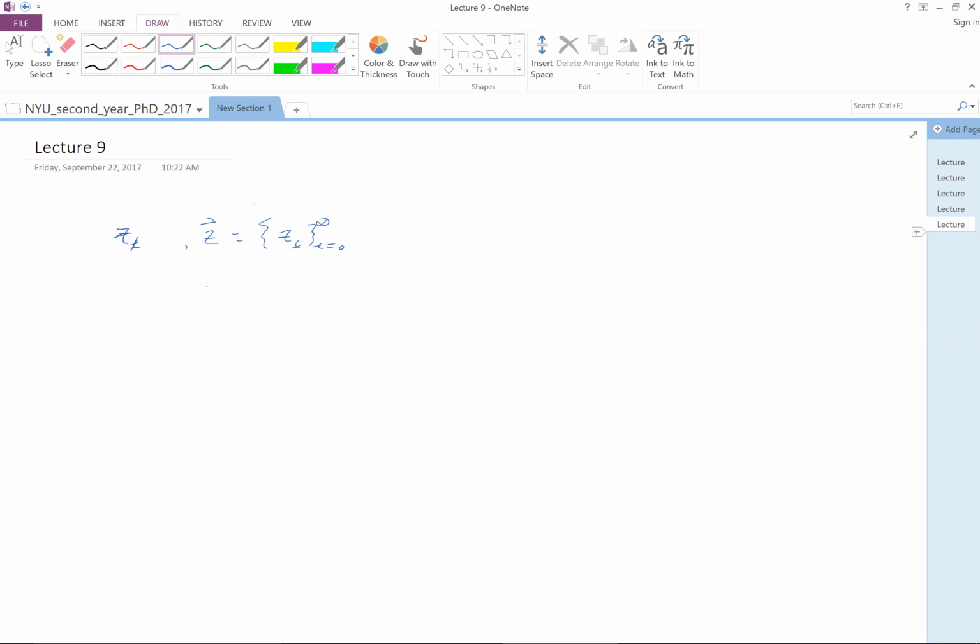And we're going to let z vector superscript t be the history. And we're going to let z vector subscript t be the future. And we'll use that in notation occasionally.